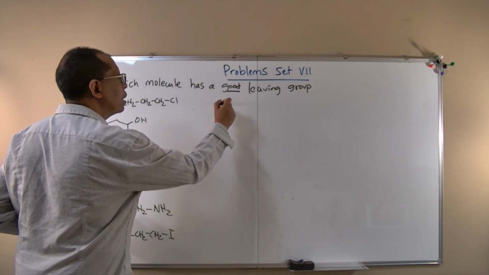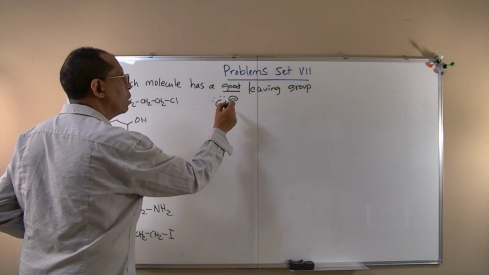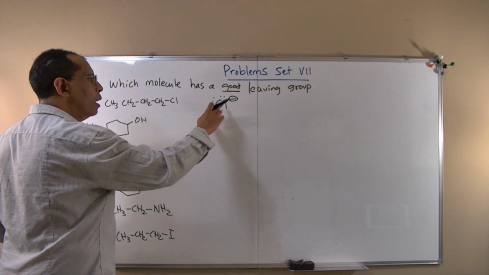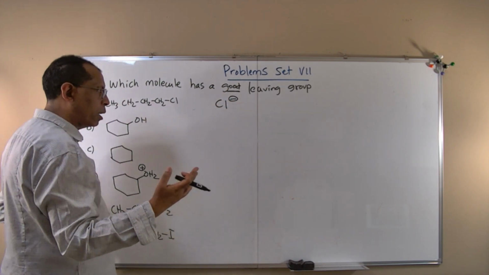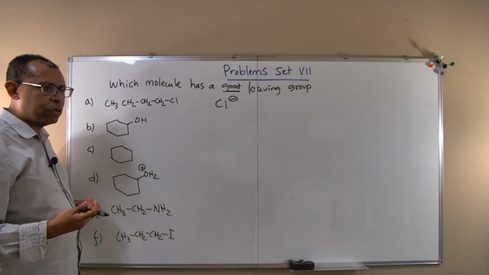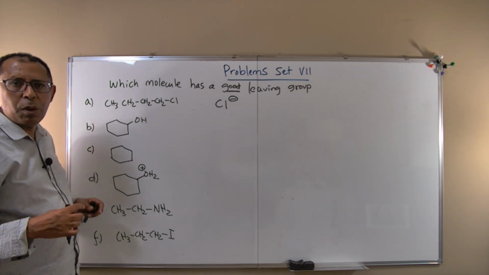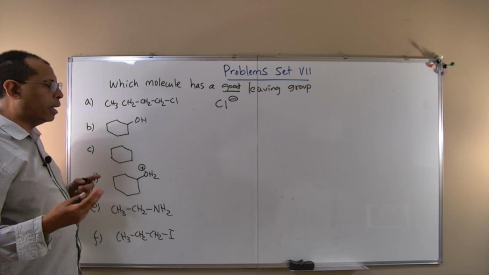So Cl minus can just leave with a lone pair of electrons as a negative charge. The negative charge can easily be accommodated on a very electronegative chloride anion.